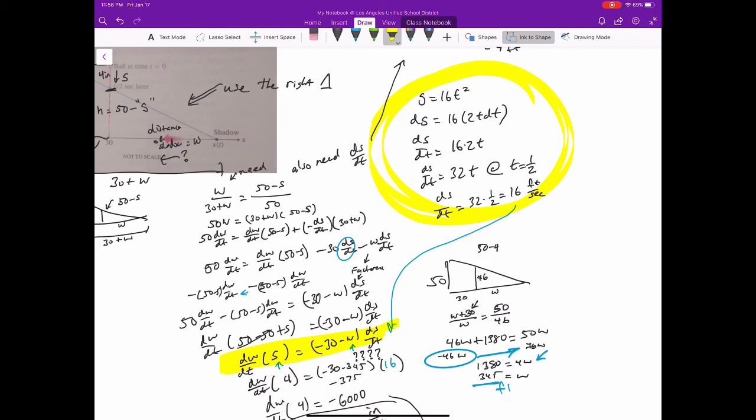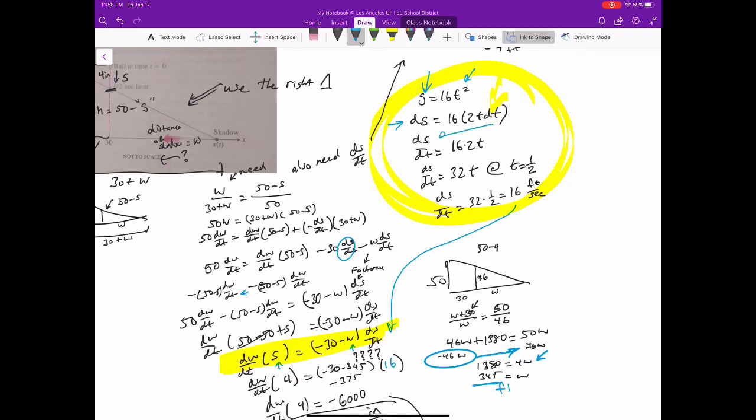In this case, I just took it as dS on one side, dt on the other. Both ways are 100% fine, because on the right side, dt would have divided by dt to become 1. So the derivative here of S is dS/dt. I wrote just dS; the derivative of 16t squared is 16 times 2t dt.